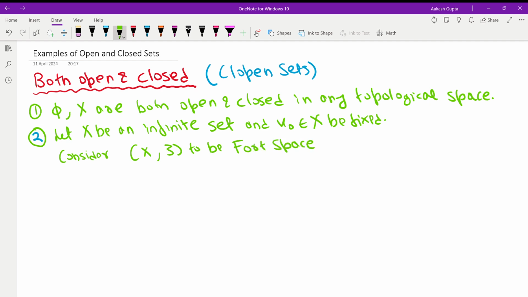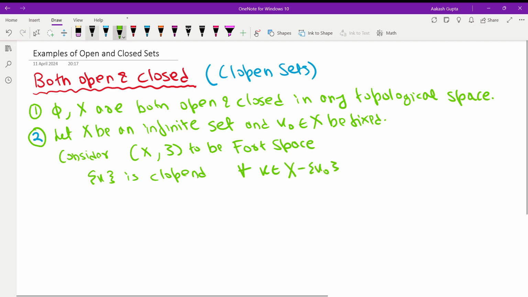I'm not defining it again since we have already done this, so I'm just specifying it. What we had shown is singleton X is clopen for every X in X minus singleton X naught. You can see that singleton X naught is not clopen.